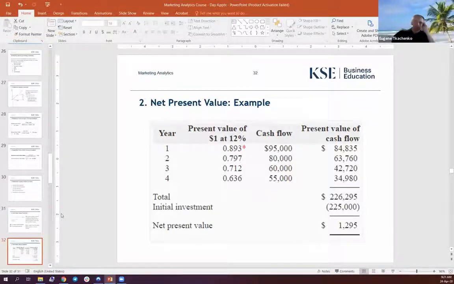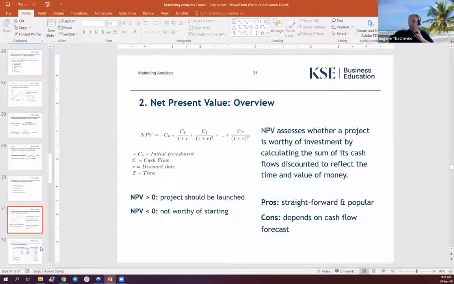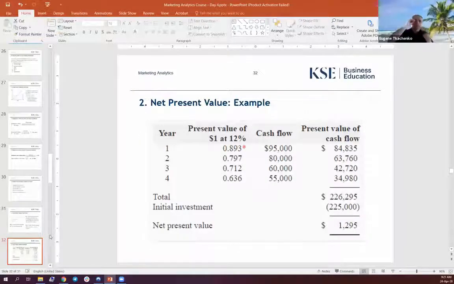So we assume that the value of $1 today is $1, but next year it will be 12% less. And then in the second or third year, it would be 1 minus 12% to the second or to the third degree, because we take into progression that it would be a lower value than the year before.